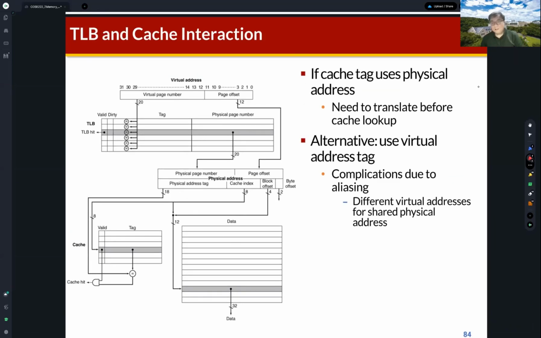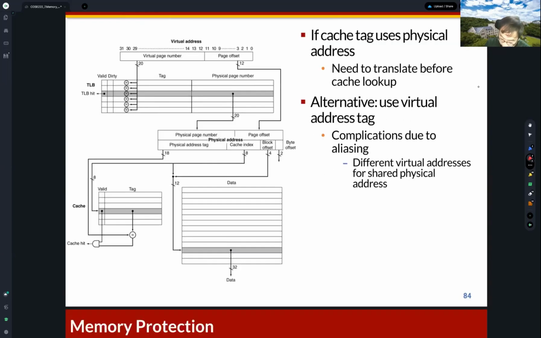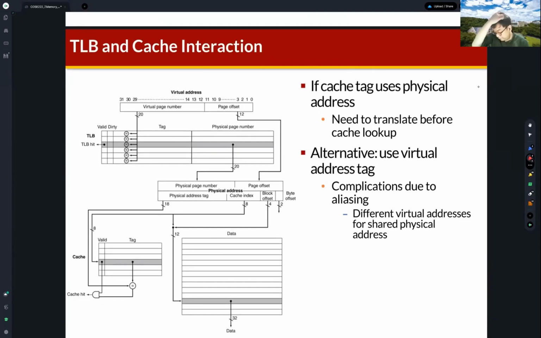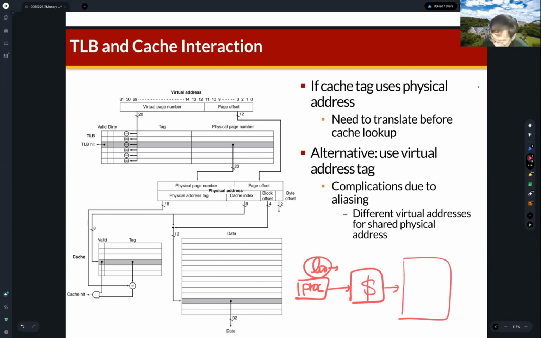Then how can we access the cache? So this is the processor, and when the load instruction is executed, I explained that we need to first access the cache, and if a cache miss is encountered, then we access the main memory.